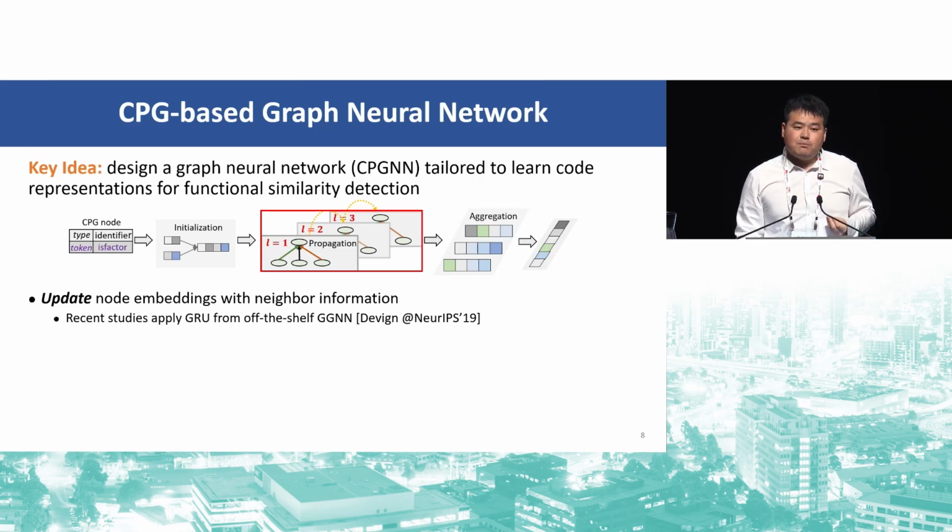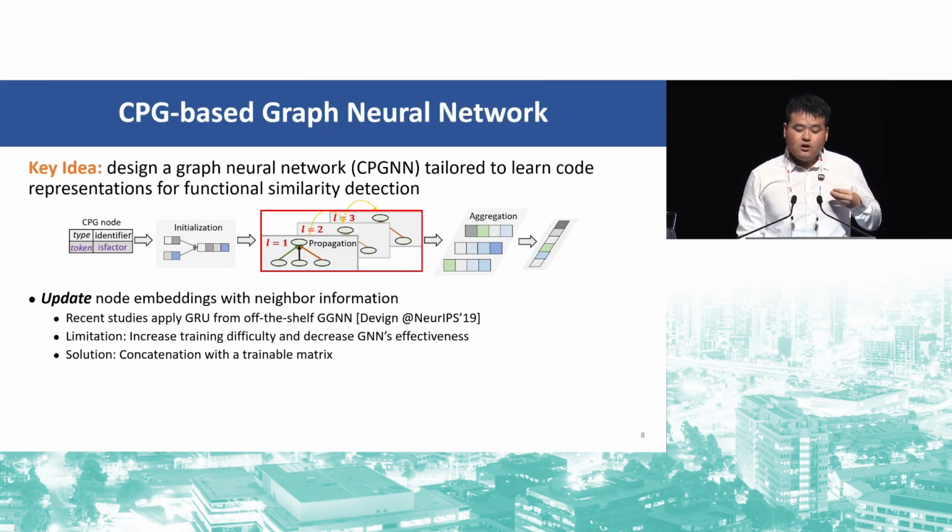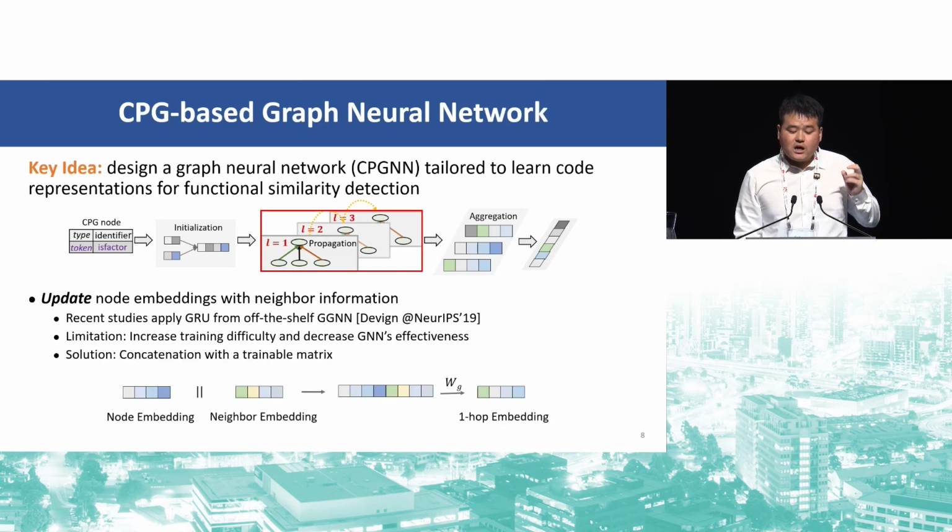So the gradient vanishing problem will not appear. If we use the GRU directly, it may increase the training difficulty or degrade the GNN's performance. So in our design choices, we combine the node embedding and neighbor embedding directly with trainable matrices to extract important information for functional similarity detection.